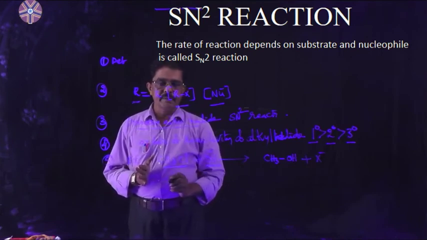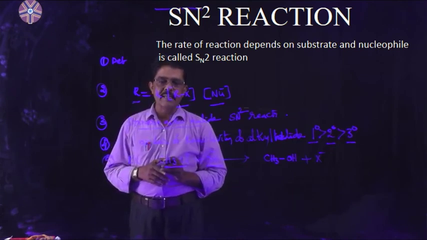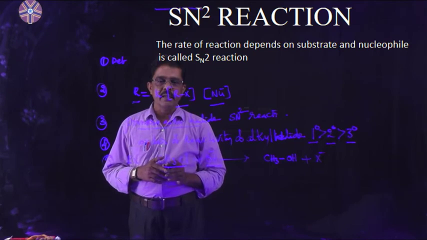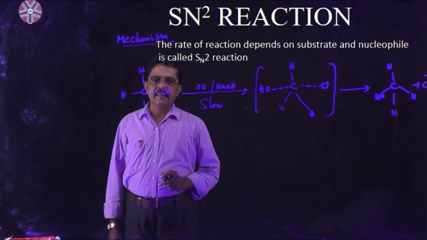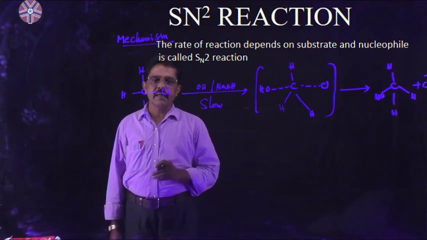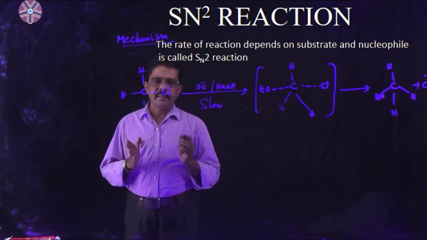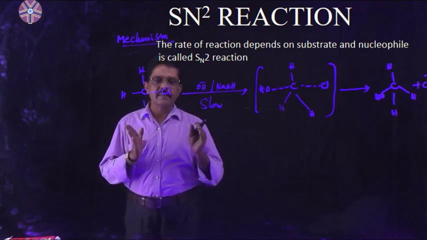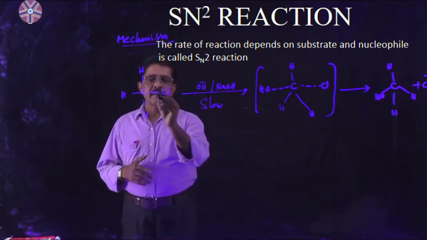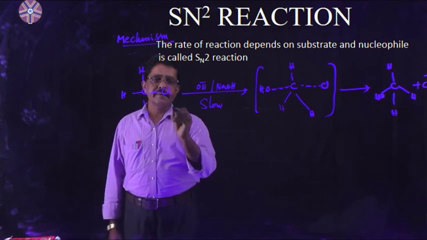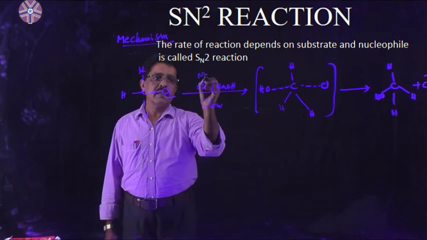So, the reaction follows the SN2 mechanism. The mechanism takes place in only one step through a transition state as an intermediate compound. In this SN2 reaction, the reaction takes place between methyl chloride and the OH group of NaOH. This bond, C-X bond, is the leaving group and this is the nucleophile.